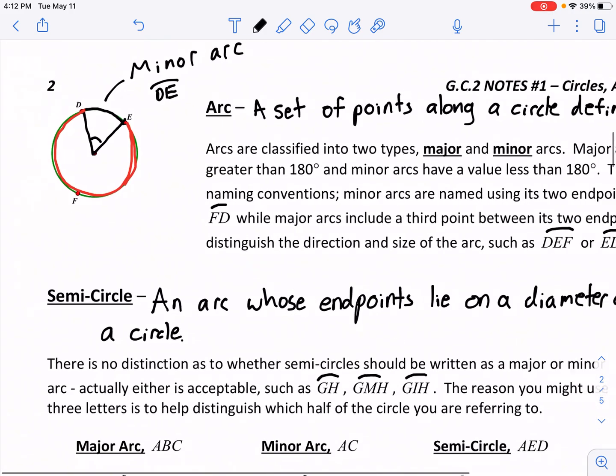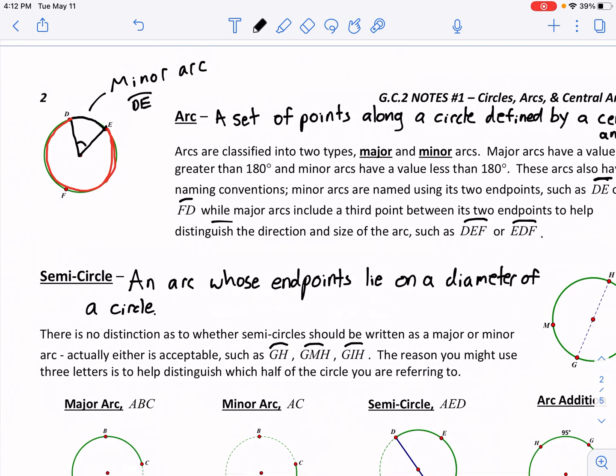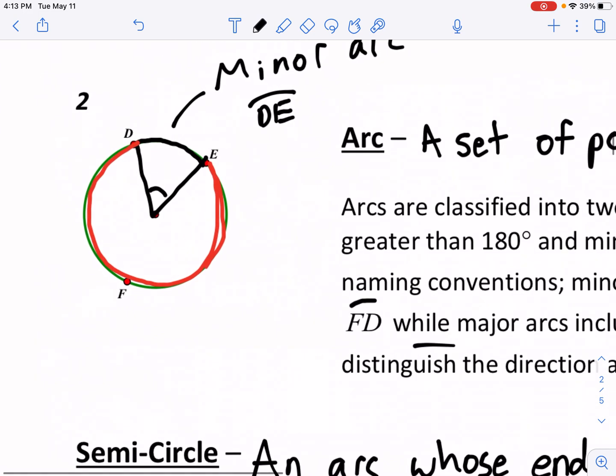Okay. While major arcs, going back here, major arcs include a third point and 2 endpoints to help distinguish the direction and size of the arc. So if we're talking about a major arc, we're going to have 3 points, two of them being endpoints and a point in between. So for instance, looking at this guy here, in the red, we could call that guy our major arc.